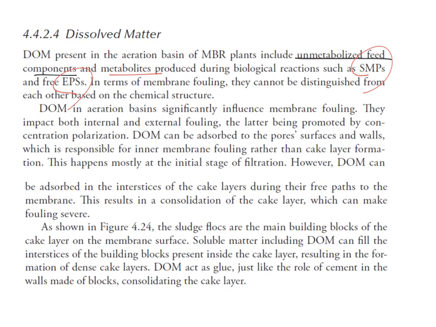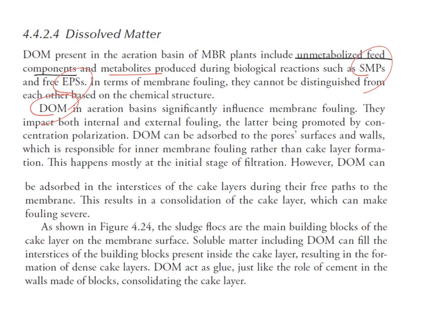But in terms of fouling, unmetabolized organics or metabolized organics, we cannot distinguish them. So this is why we just deal with these organic matters without any distinguishment for their sources.